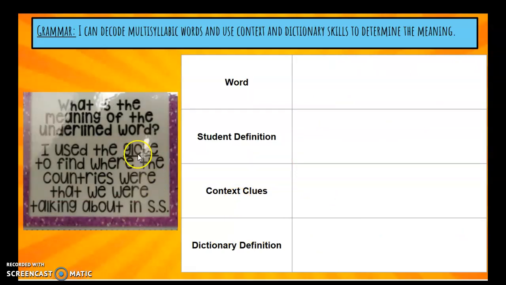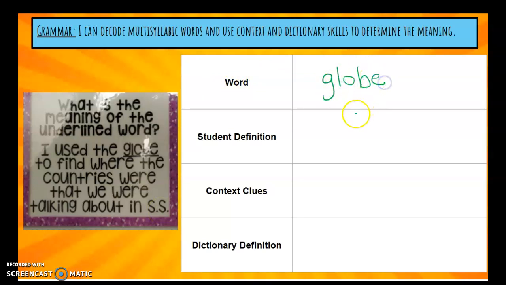Okay, so next, here's our next one. What is the meaning of the underlined word? I used the globe to find where the countries were that we were talking about in social studies or SS. So you're again going to write your word, globe.